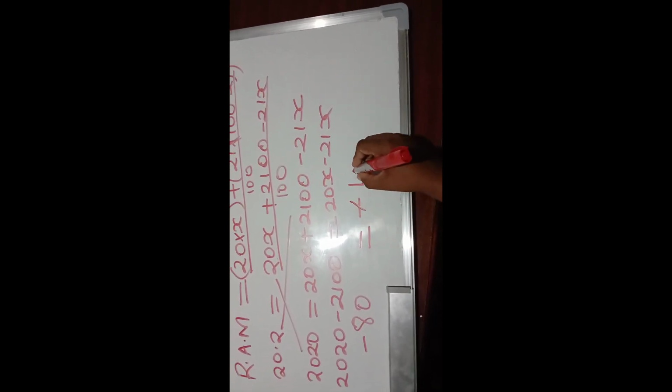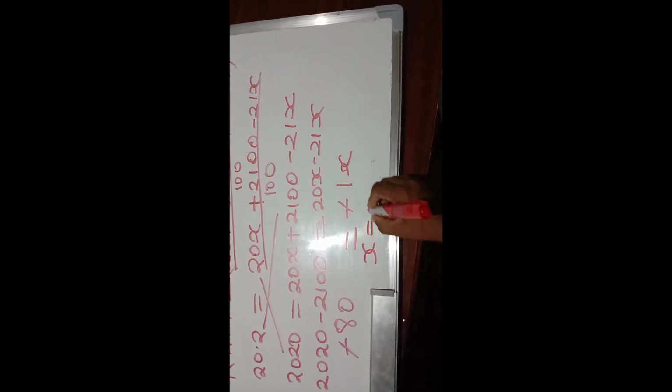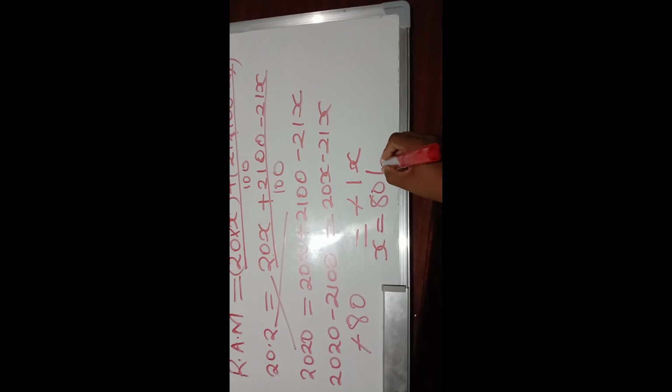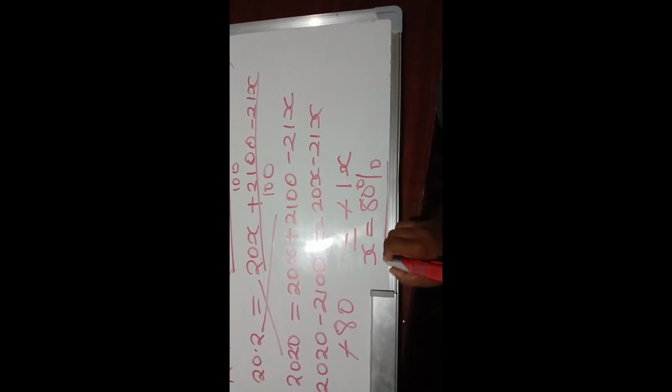So x, the negatives cancel out, so x is equal to 80%, and x is the most abundant, so the most abundant has 80% abundance.